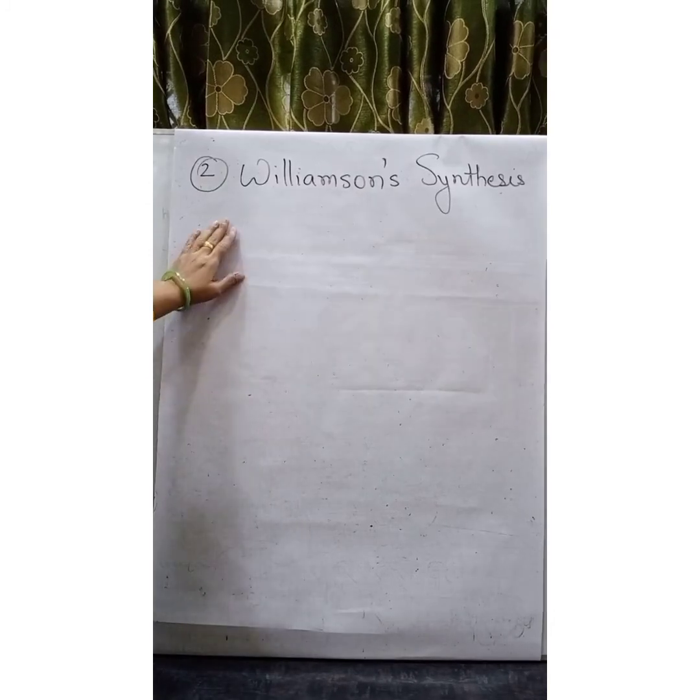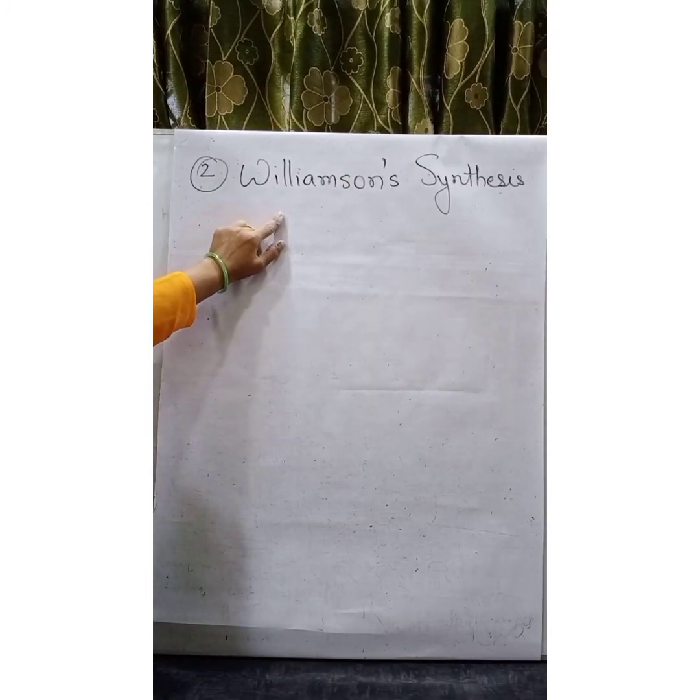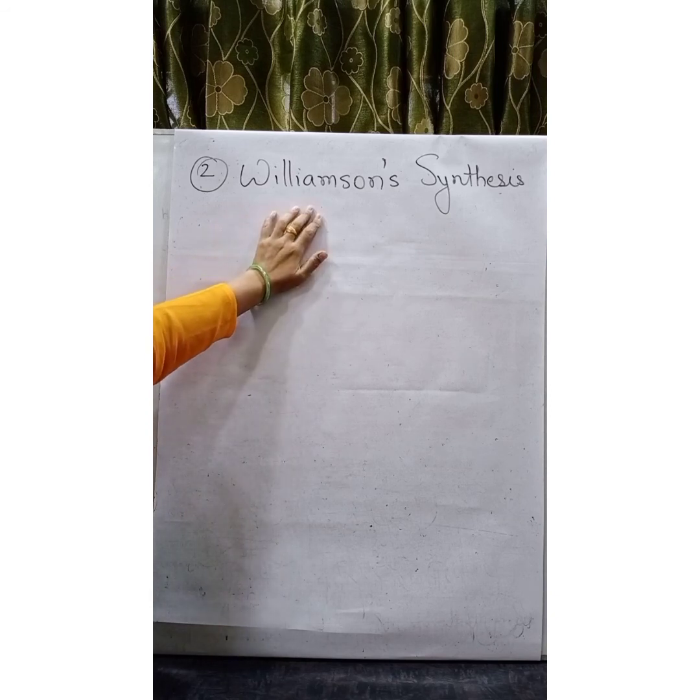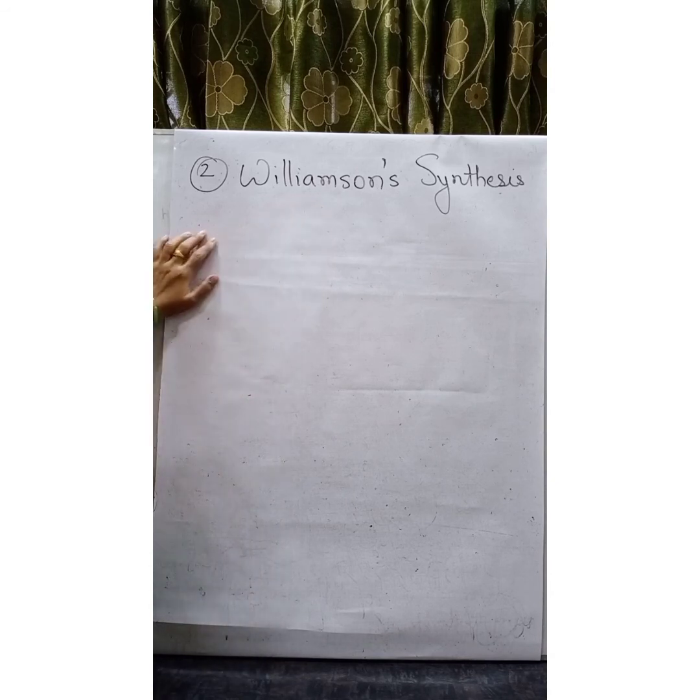Lastly, ethers can also be prepared by Williamson synthesis. It is very important for preparing both symmetrical as well as unsymmetrical ethers. Better results can be obtained if the alkyl halide which we are using in this reaction is 1 degree.